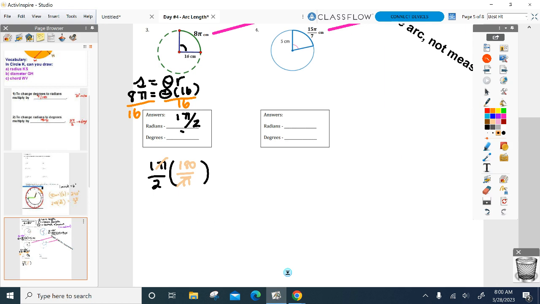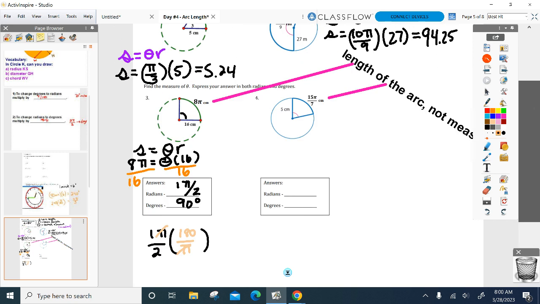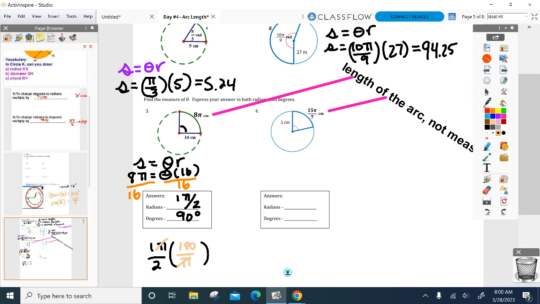Perfect. It's a 90-degree angle there. All right, we okay? Everyone good? So you have 2 formulas for length of an arc. One requires radians, one requires degrees. All right, next one.